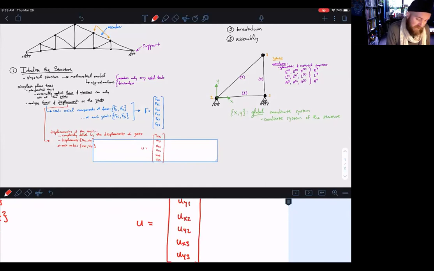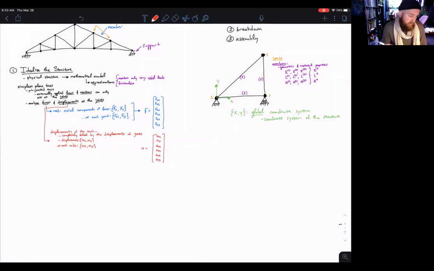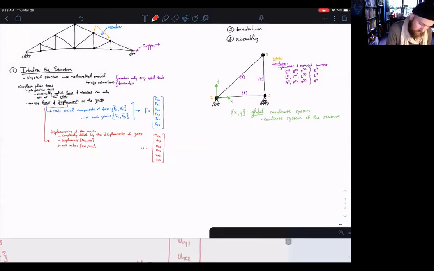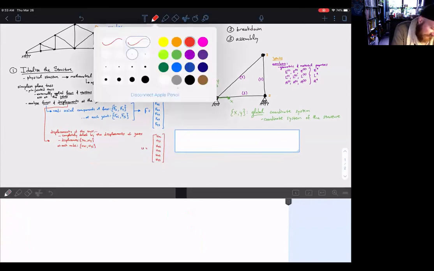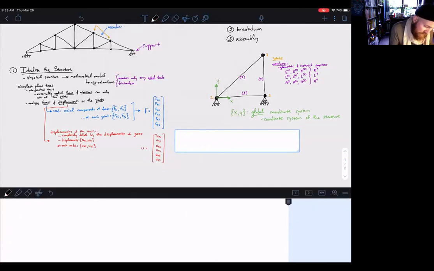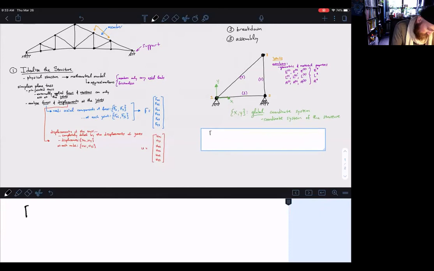There's a little bit of an aside here. We'll come back to this once we actually start to solve the problem, but I want to bring this point up now. Let's talk just briefly about boundary conditions.